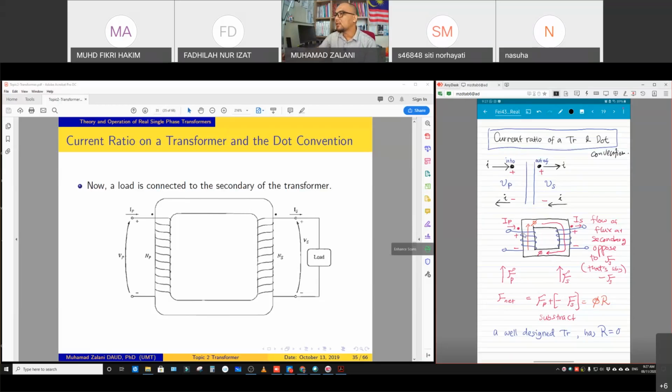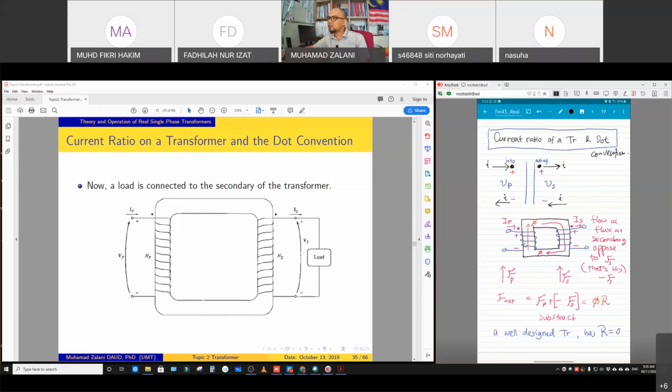So the flux will be induced at the primary side and then turns into the flow of the flux in clockwise direction, as you can see in this handwritten lecture notes here. So phi will be moving clockwise direction. Okay. Passing through the turns of the primary side.